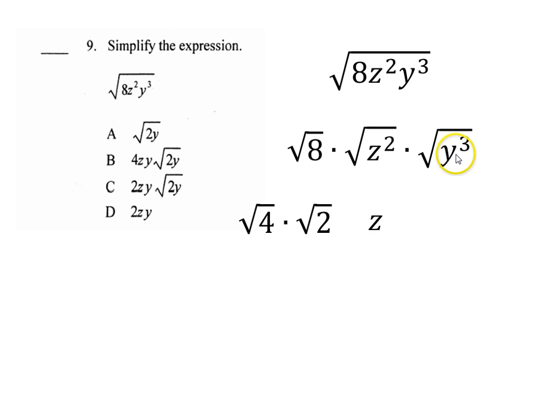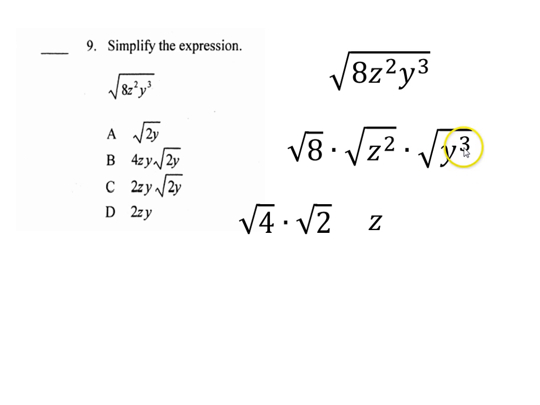And then I have the square root of y to the third. The rule for taking the square root with an exponent is that you divide the exponent by 2, like we took this 2 and divided it by 2 and got a 1. That's an integer, but we have an odd number now, so that's going to be a little problematic. We don't want to say y to the 1.5 because we do not want decimals as our exponent.